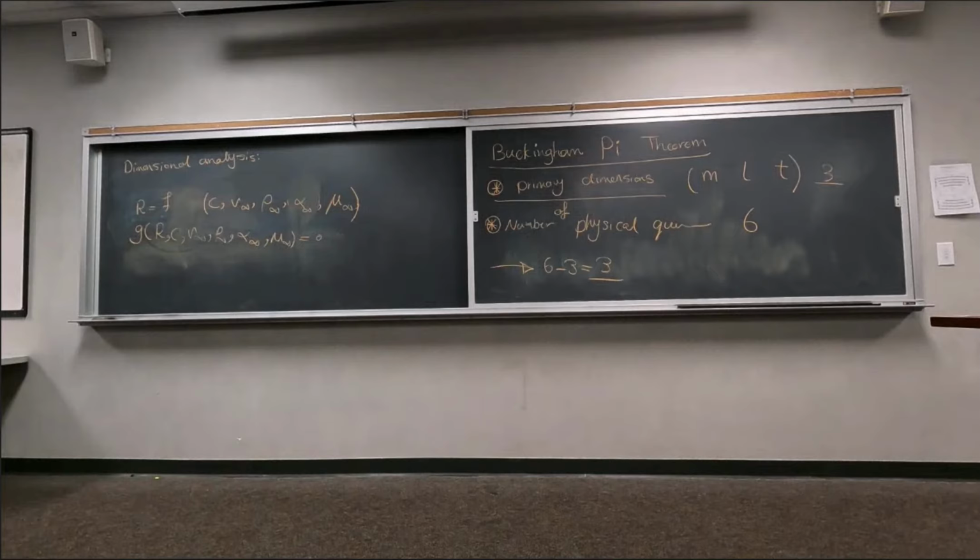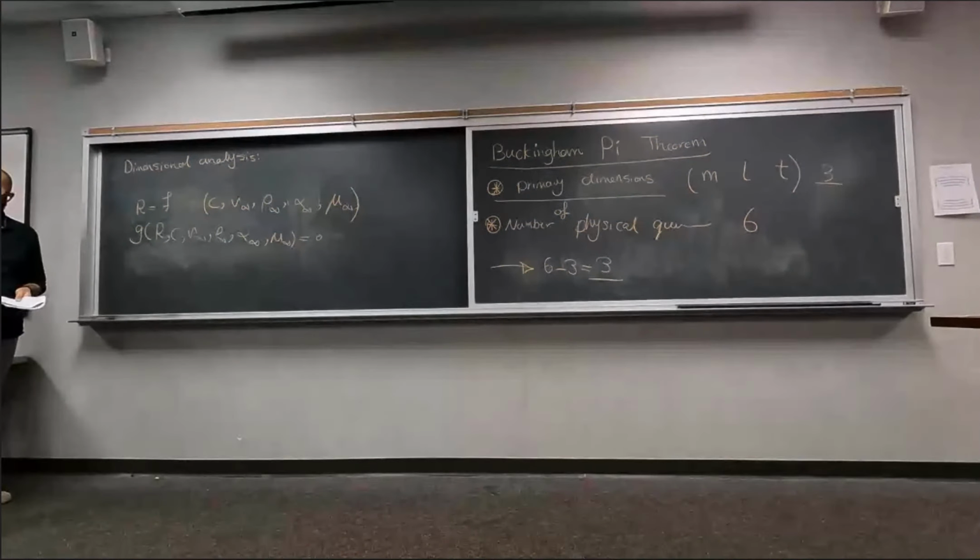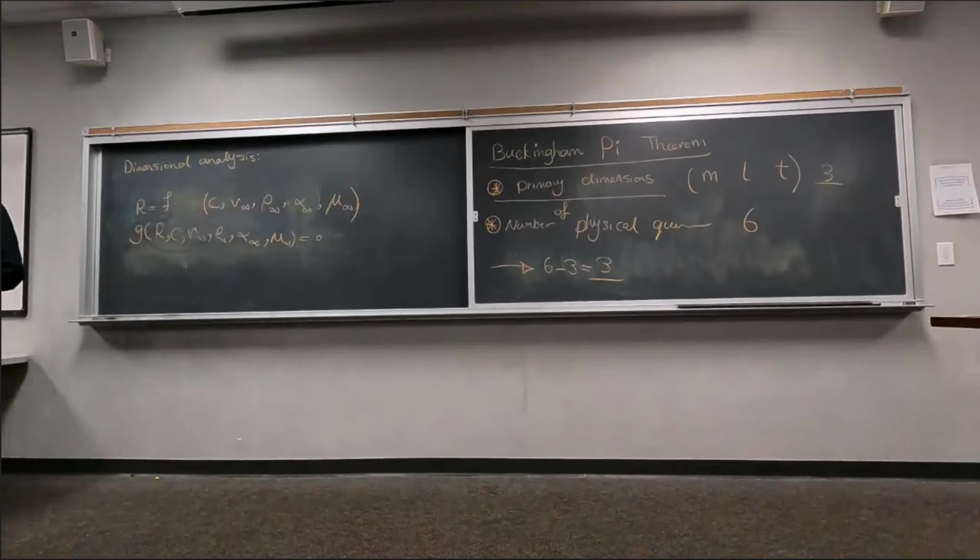Then you have to choose 3 of these parameters. It is an arbitrary selection, but I want to say it's not arbitrary. It's an intuitive selection. You want to choose more complex quantities here.